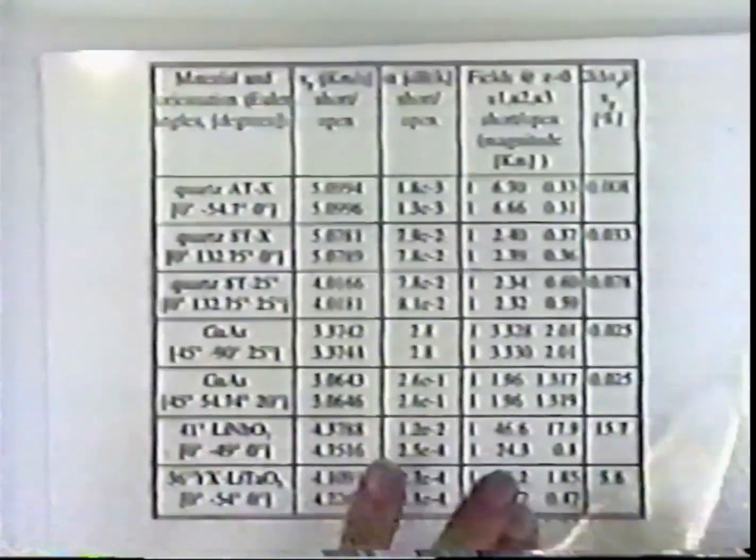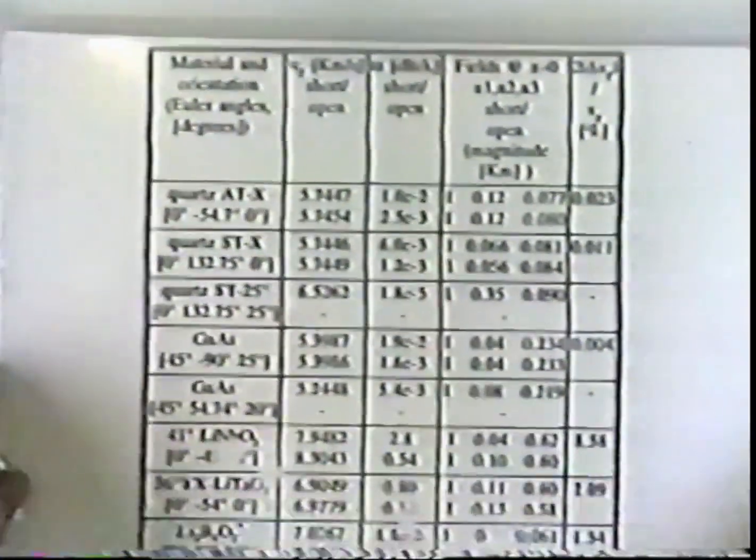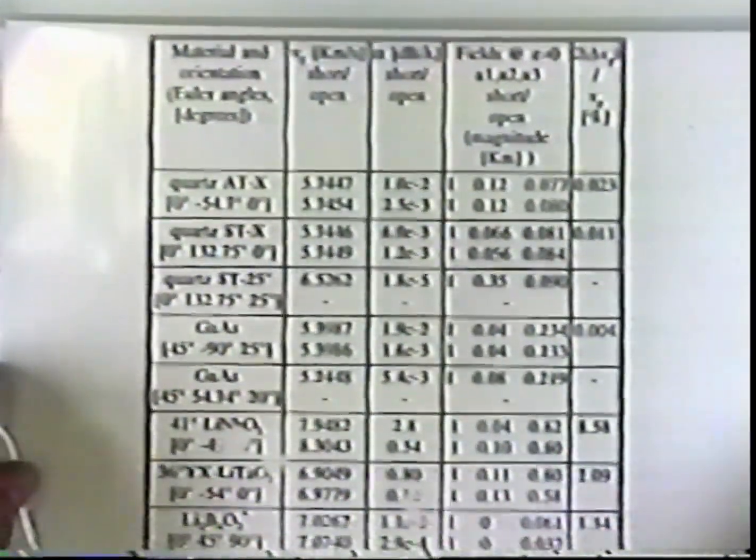The next sheet, which also has not yet been published, so it is fresh stuff, is the high velocity pseudo-SAW solutions, again for different materials.